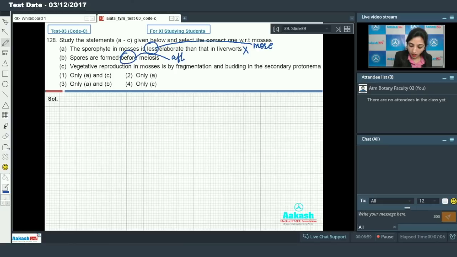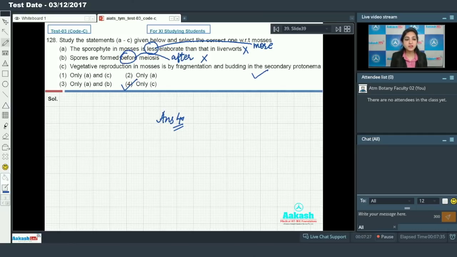No, spores are formed after meiosis. Sporic meiosis is observed in mosses. So this is incorrect. Vegetative reproduction in mosses is by fragmentation and budding in the secondary protonema. This is correct. So out of these, only C is correct. Answer to this question is option number 4.